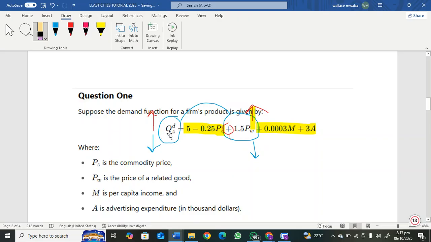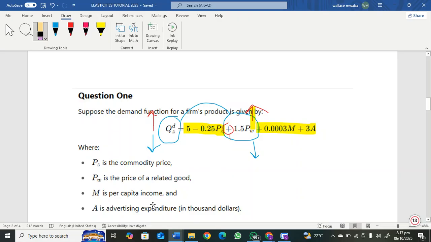QDZ is the quantity demanded for good Z, because there's a Z at the bottom here. PZ represents the price of good Z. PW represents the price of good W. M represents the income, per capita income, income per person. A represents advertising.